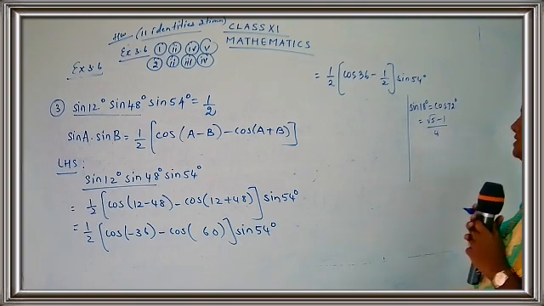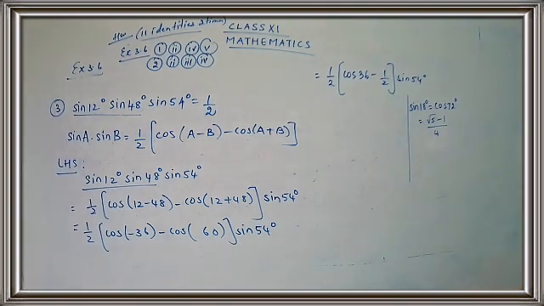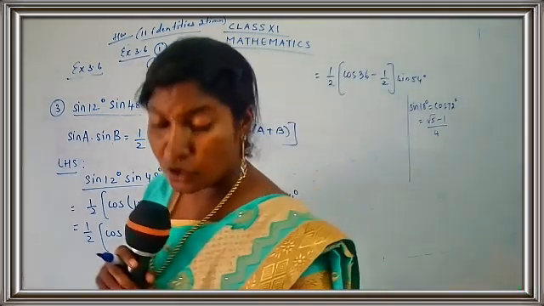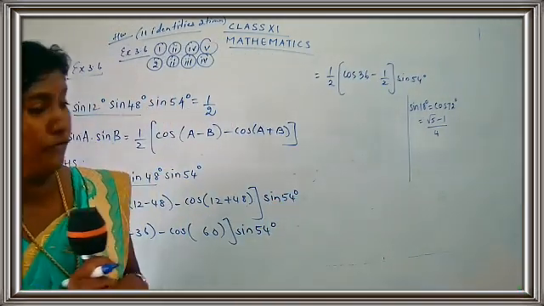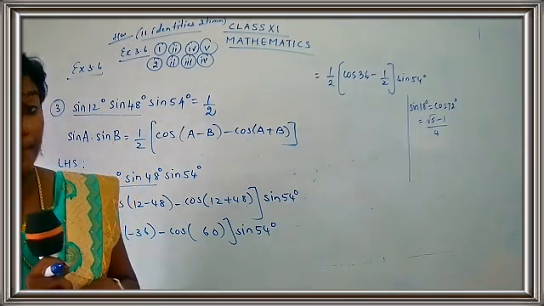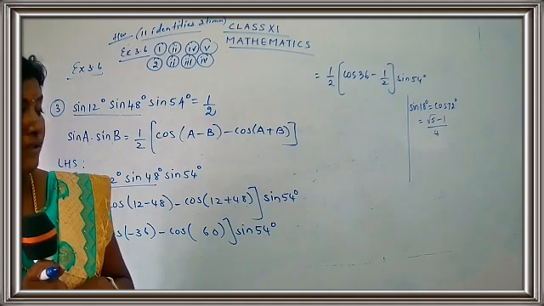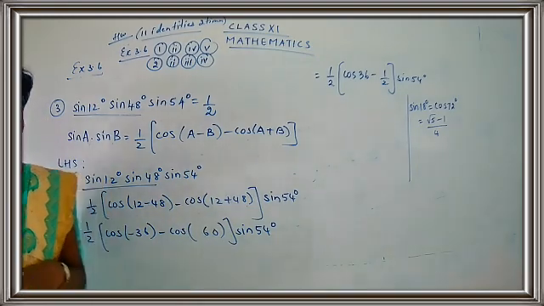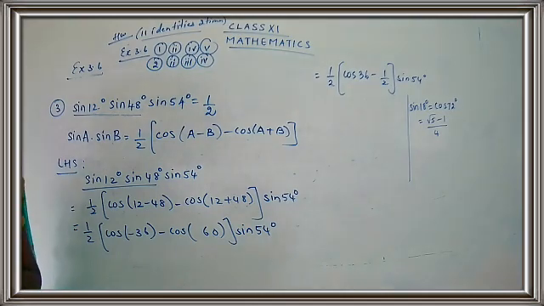The value for sine 18 and cos 72 is root 5 minus 1 upon 4. Children, take down these values. You have to remember this because you can apply this value. No need to go with the simplification. If you have sine 18, directly you can put the value as root 5 minus 1 by 4, and for cos 72 also, the value is root 5 minus 1 by 4.